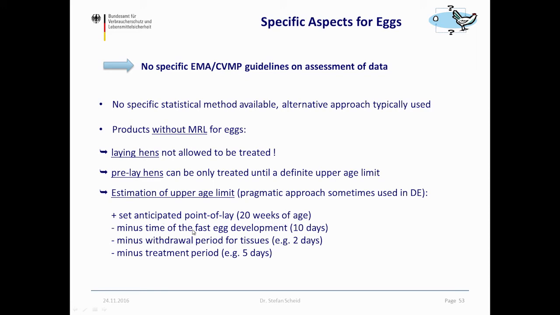We would subtract the time for egg development, which is 10 days, the withdrawal time for tissues, which would be 2 days in this example, and the treatment period, which would be treatment over 5 days. So we would subtract 10 to 17 days.